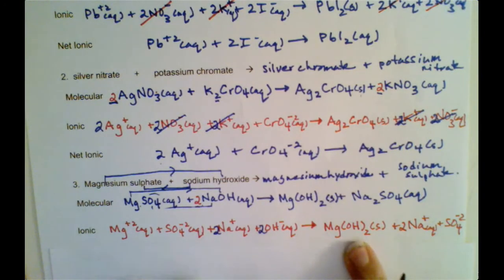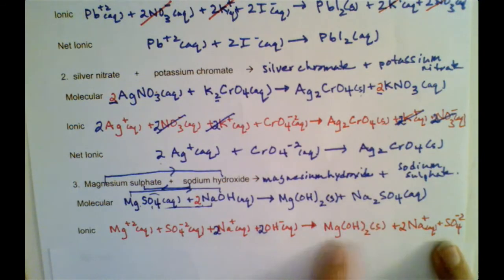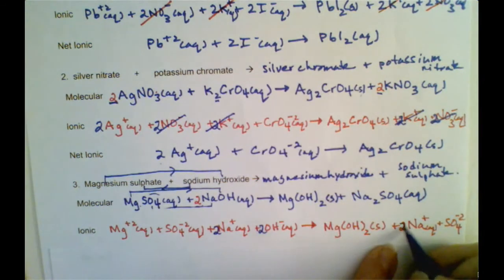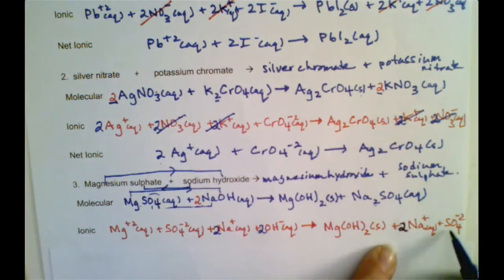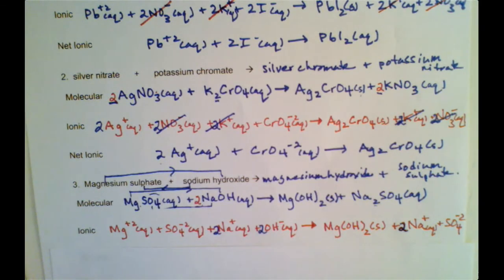You have magnesium hydroxide, that stays as it is. And sodium sulfate, we had a 2 in front of this sodium ion because it has a subscript of 2, and then just sulfate. What we do now is we cross off our spectator ions, the ones that are common to both sides. They will not be responsible for the making of the precipitate.